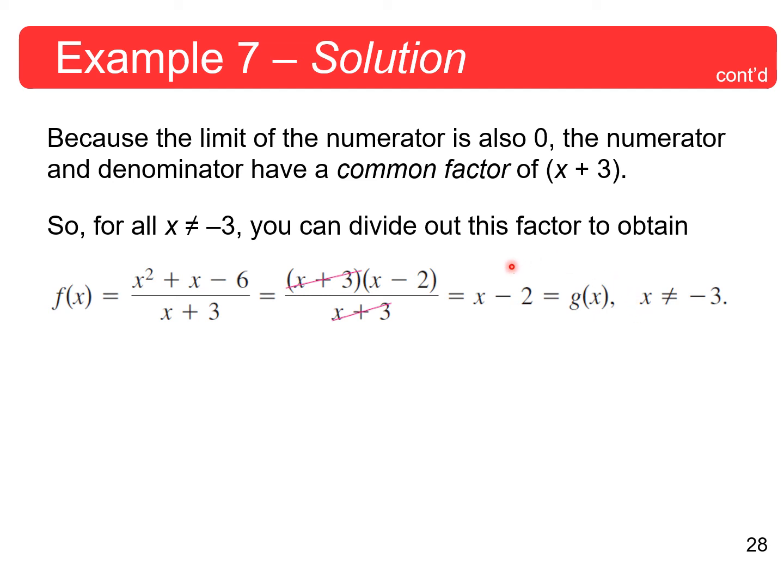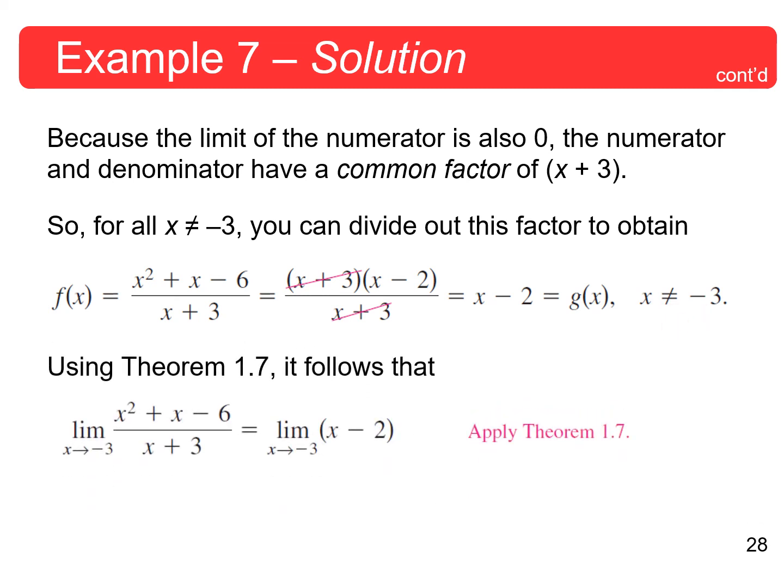And this is now our g of x. So we say that this g of x, x minus 2, is equivalent to f of x at x not equal to -3. In other words, g of x is just equal to x minus 2, wherein x cannot be equal to -3.